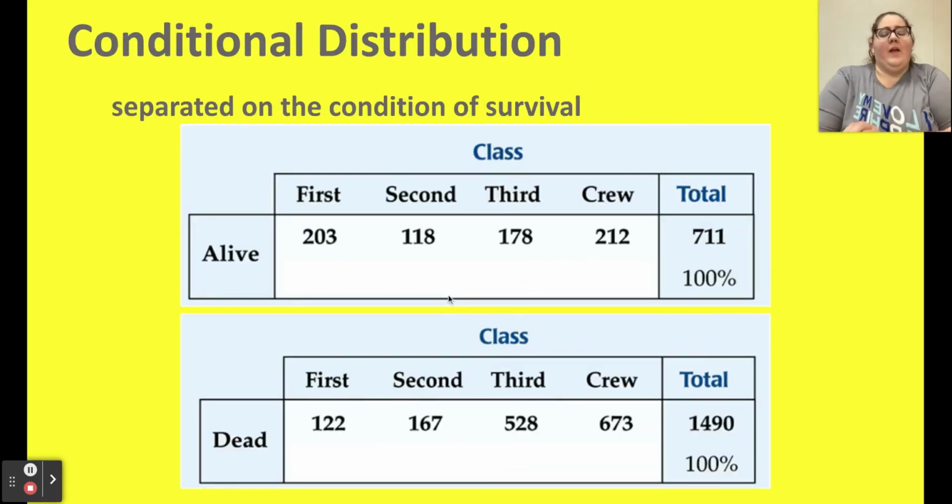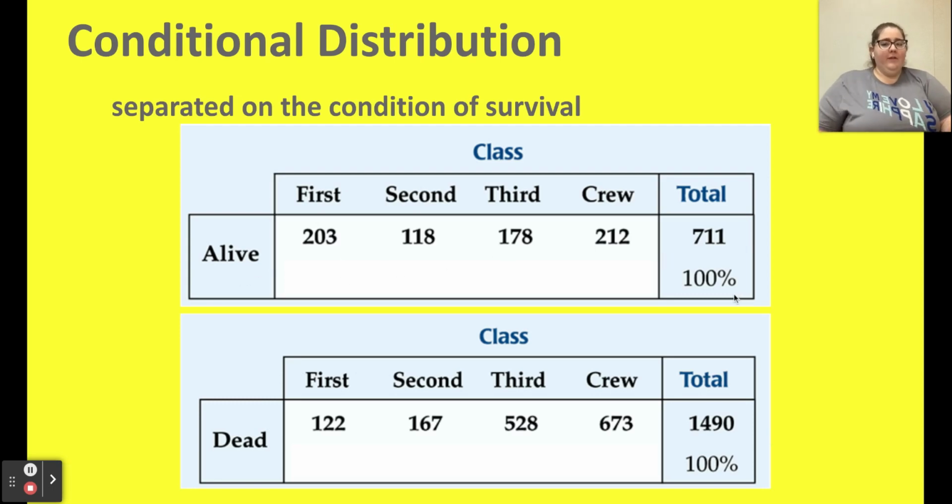We also could do what we call a conditional distribution. A conditional distribution basically means that we are separating our two-way table based on a condition, and then within each of those categories, finding percentages. So in this case, if I separate it on the condition of survival, I'm just going to look at everyone who lived and everyone who died and find out what percent of each row were in first, second, third, and crew.